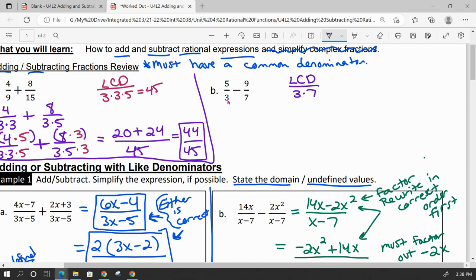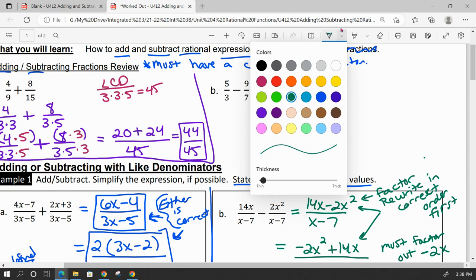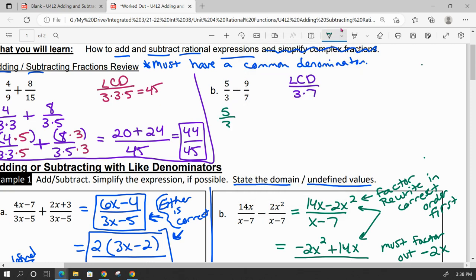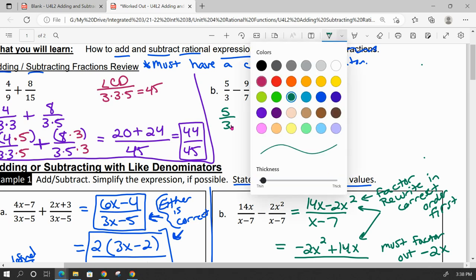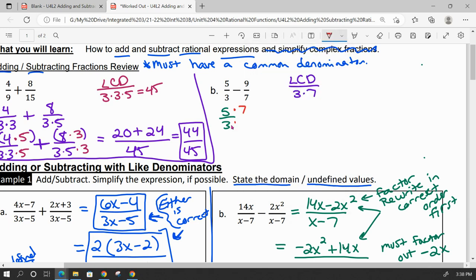So the first fraction already has a denominator of 3, so we need to multiply it by 7 on the top and the bottom. Your second fraction already has a denominator of 7, so we need to multiply it by 3 on the top and the bottom.